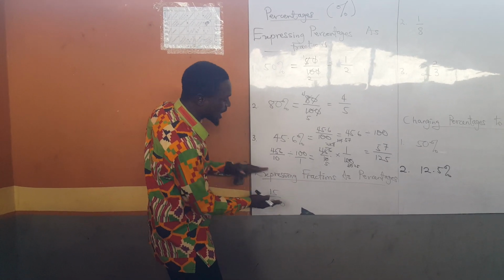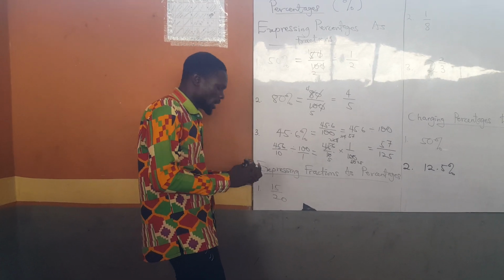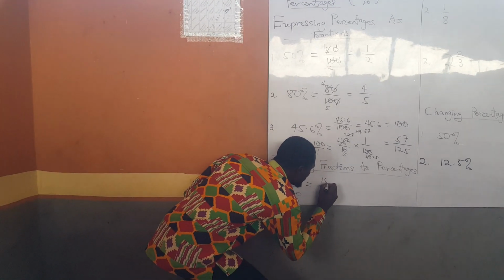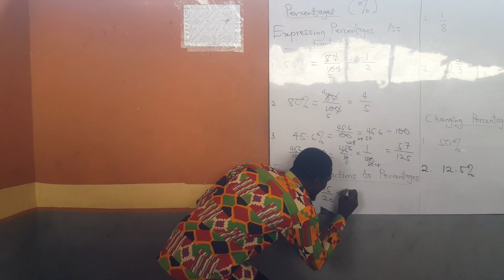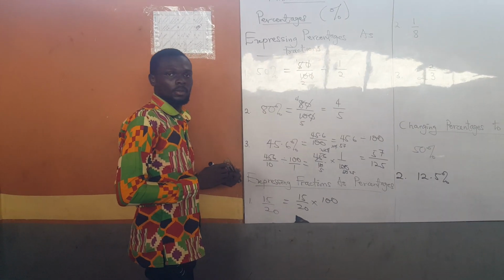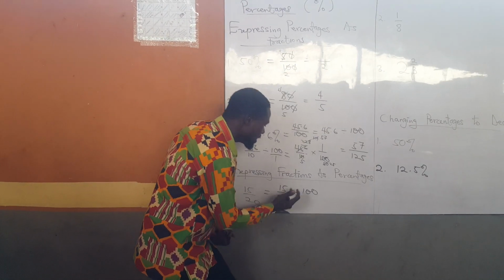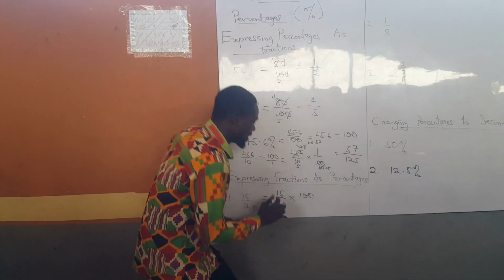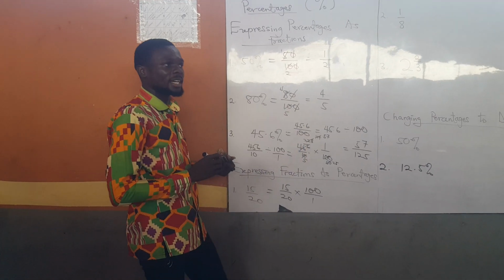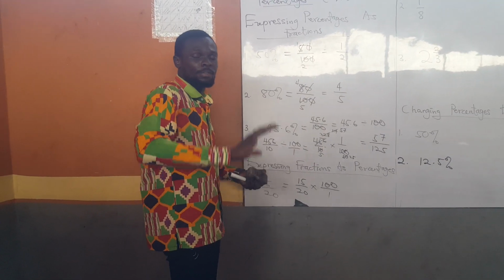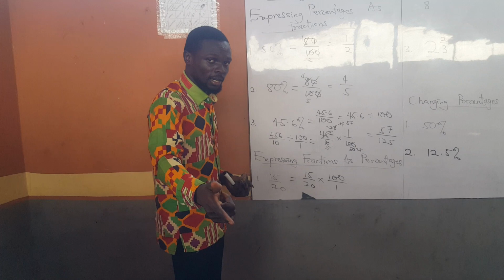So when you look at this fraction, 15 out of 20, just multiply the 15 out of 20 by 100. Whatever that you get as your answer, you percent it. So 15 over 20 times 100, this can be written as over 1 because it is a whole number. And every whole number is over 1.